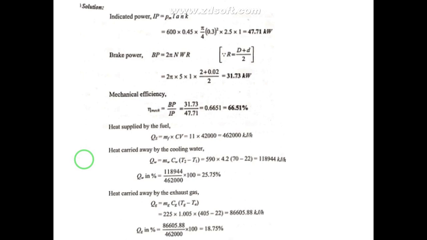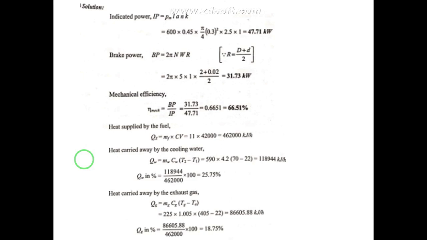46,000 kilojoule per hour is the heat supplied. Next we are going to solve where all the heat is liberated. First, heat carried away by the cooling water. We give cooling water for liberating the heat.